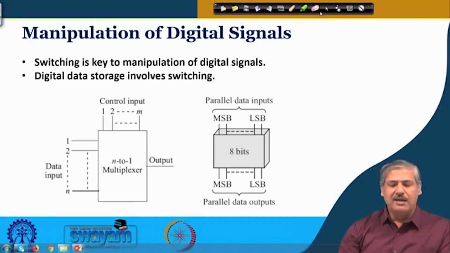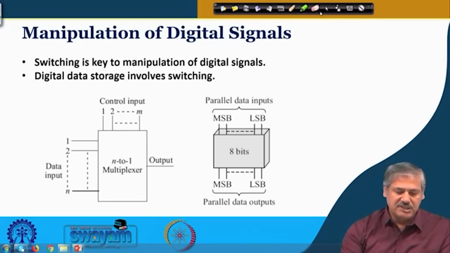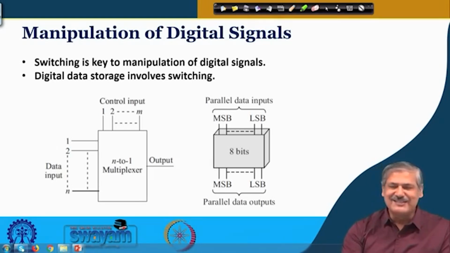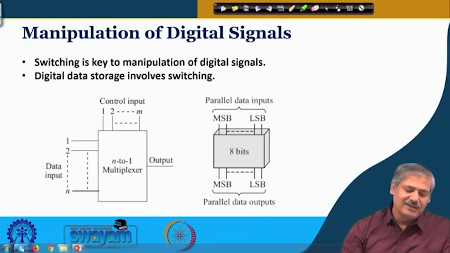So, this is one important aspect which we shall keep in our mind. Okay. And we look at one example where switching is important. This is an n to 1 multiplexer. We shall discuss this circuit and what is inside it; it is a part of our course on digital electronic circuits. It will not remain a black box, but for the time being let us see what it does.